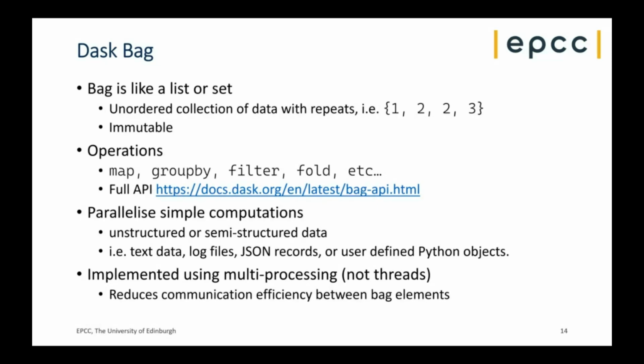Now, there's a bit of complexity here. So I said earlier that by default, what Dask will parallelize across is threads and give you as many workers as you have on the compute node you're running on. That's not true for bags.